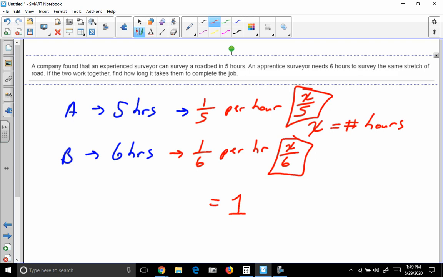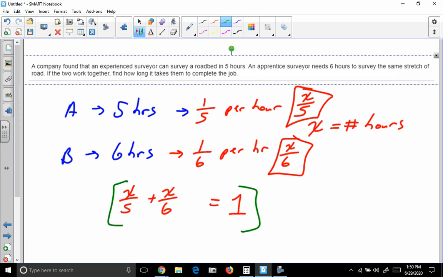So again, for example, if they worked for 3 hours, this person would do 1/5 3 times, or 3/5. This person would do 1/6 3 times, or 3/6. So when we add the work from the first person plus the work from the second person, we need that to total 1.